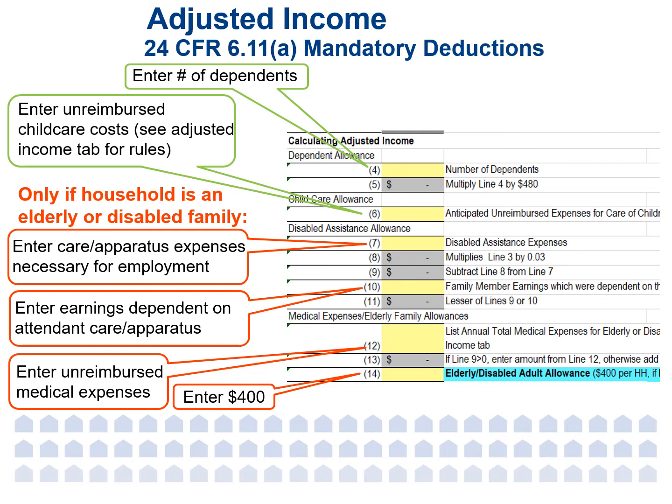Enter the number of dependents in the household on line 4, and the worksheet will automatically multiply that number by $480 to calculate the deduction. A dependent is defined as any member of the family except foster children and foster adults other than the family head or spouse who is under 18 years of age or is a person with a disability or is a full-time student.